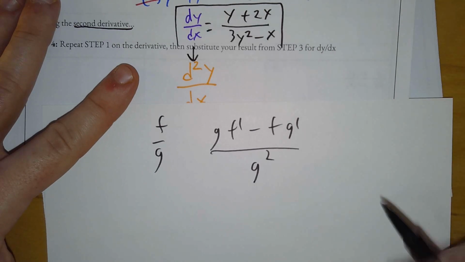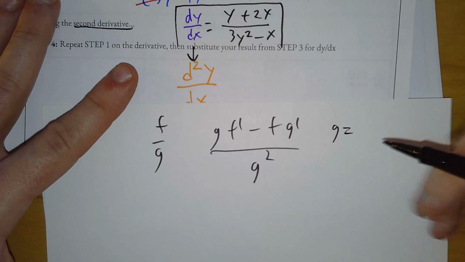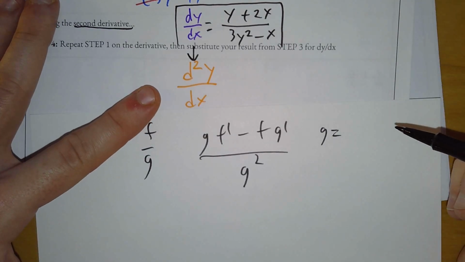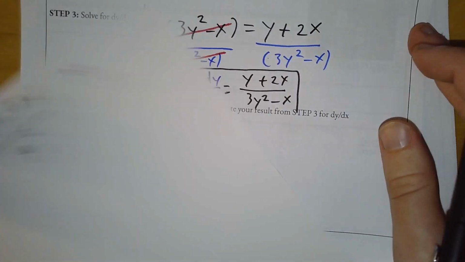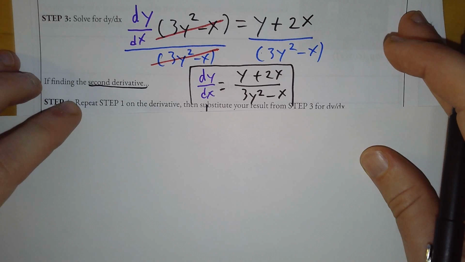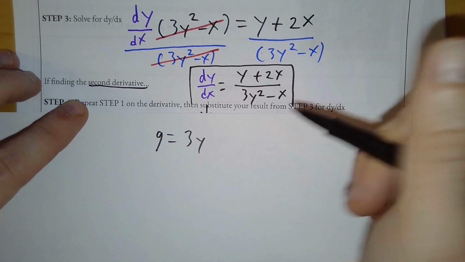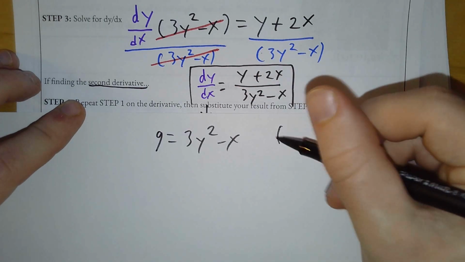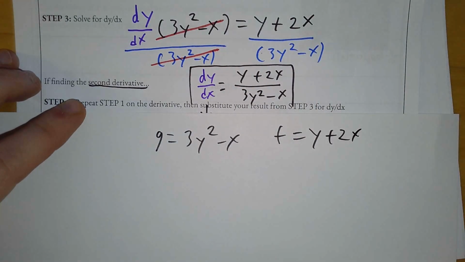My low, my g, will be 3y squared minus x. My high will be f equals y plus 2x, and then we will differentiate.